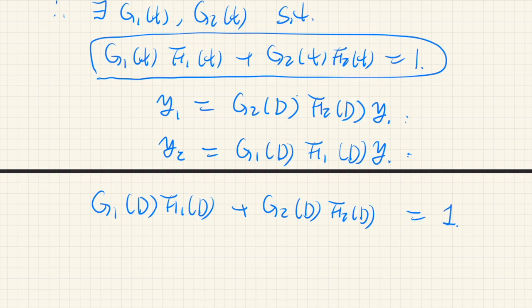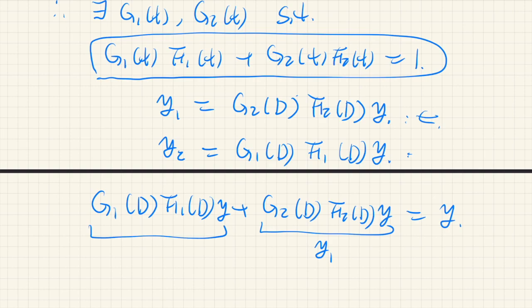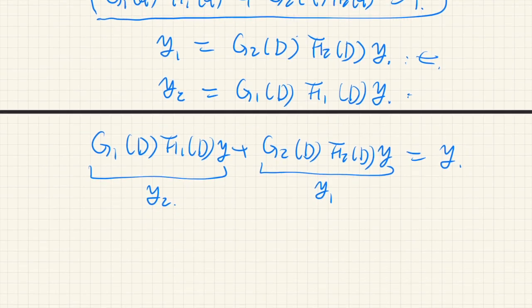So if we apply this to both sides to y, then we have y here, and 1 times y is just y, right? And this one, as we have defined here, is y1, and this one is y2. Therefore, y is equal to y1 plus y2.